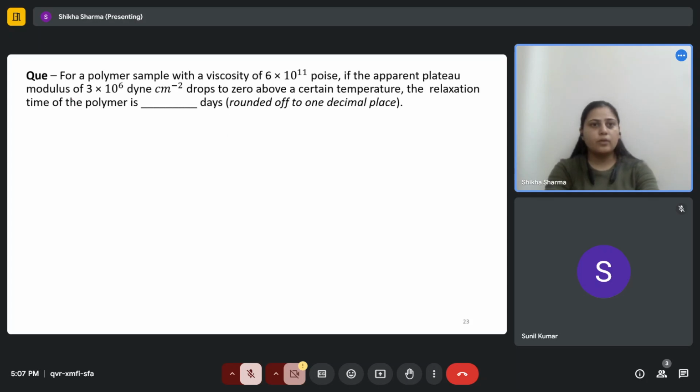So for a polymeric sample, we have the viscosity given as 6 into 10 to the power 11 poise, and the modulus value as 3 into 10 to the power 6 dyne per centimeter square, dropping to 0 above a certain temperature. We need to calculate the relaxation time for that polymer. Please try to solve.